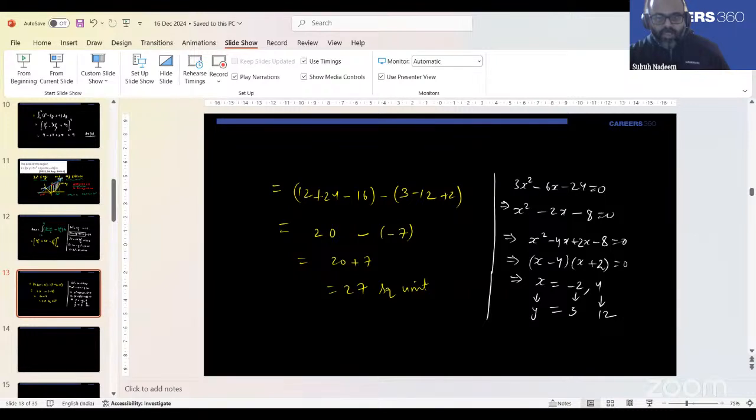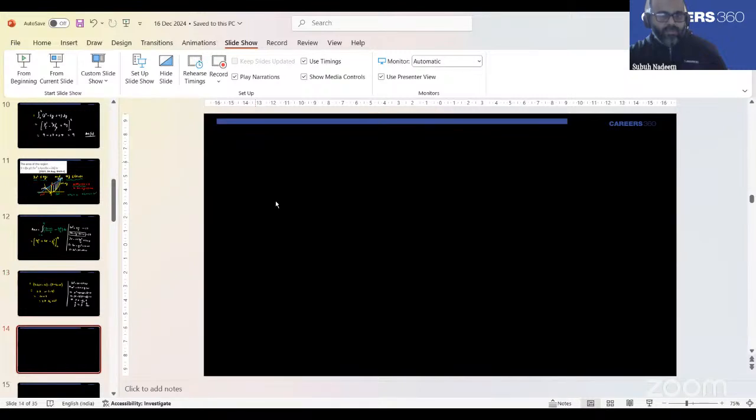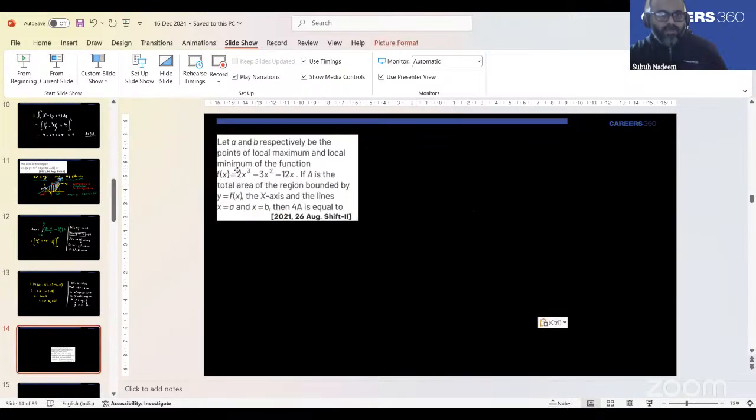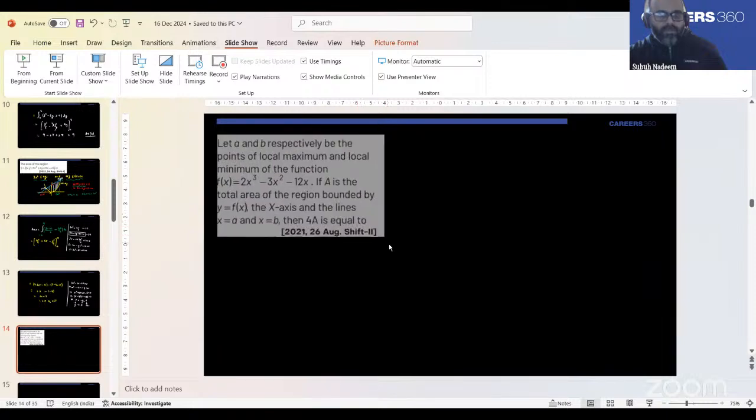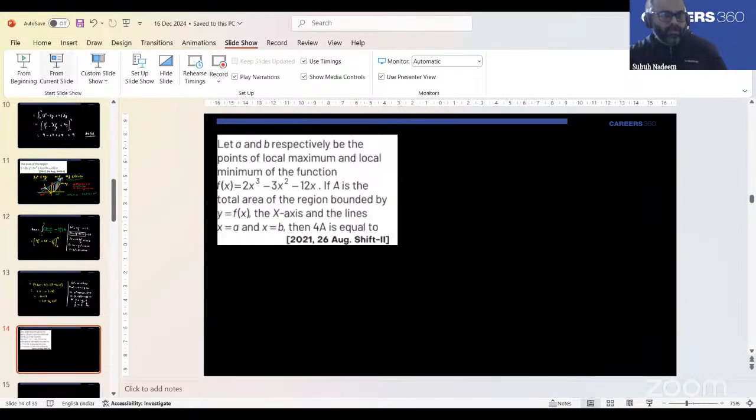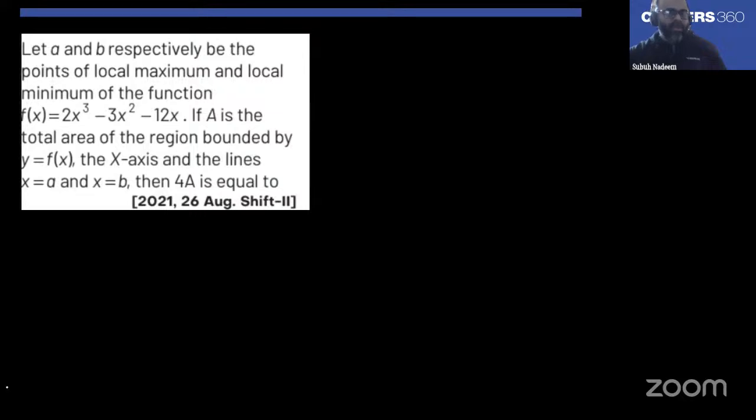Now let us come to the next question. Let A and B respectively be the points of local maximum and local minimum of the function fx equal to 2x cube minus 3x square minus 12x.